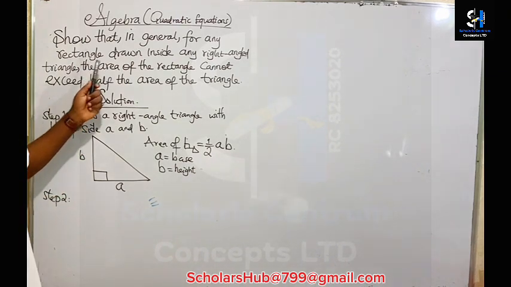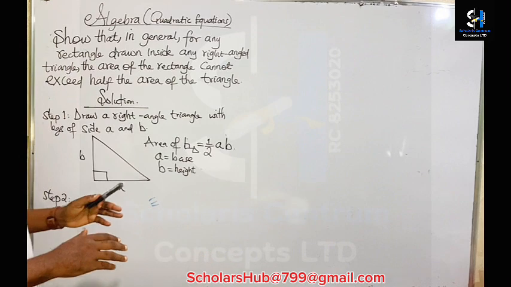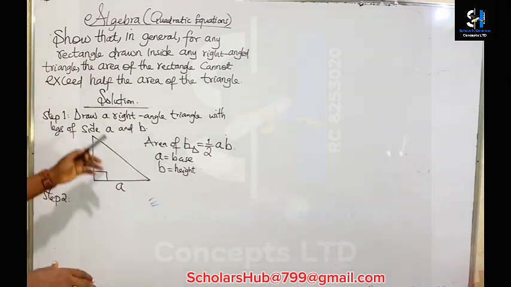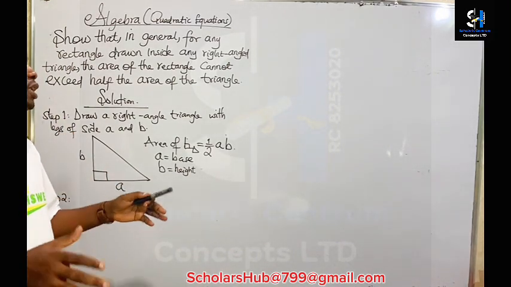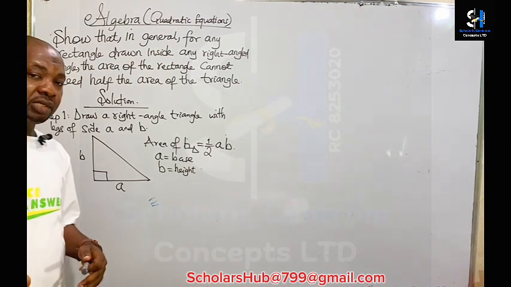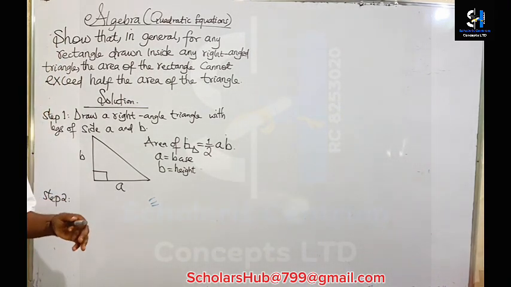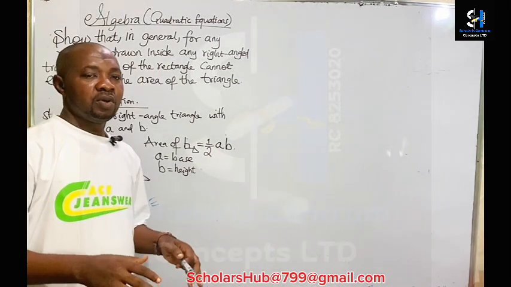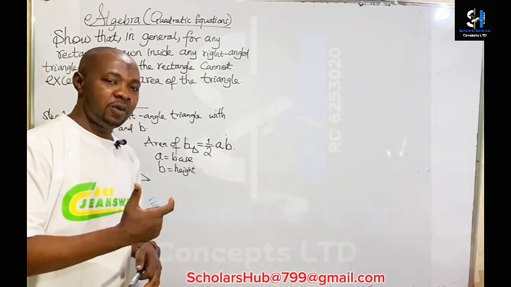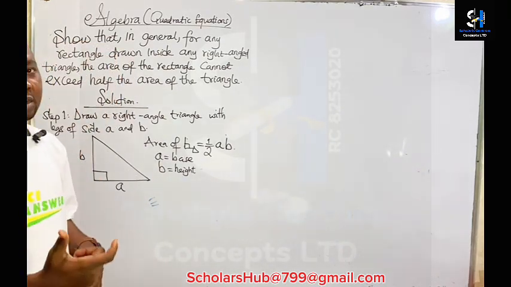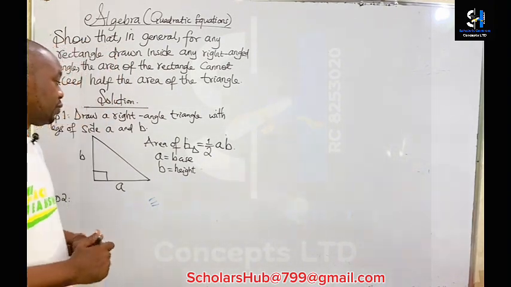Remember, for any rectangle drawn inside any right angled triangle, the area of the rectangle cannot exceed. When we say cannot exceed, we need to show why the area of the rectangle will not exceed the area of the right angle triangle.